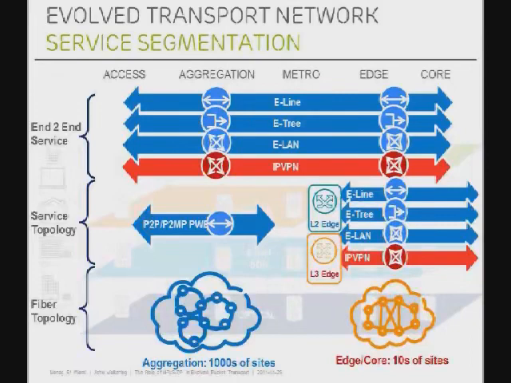From there you have a layer 2 point-to-point path using pseudo-wire technology all the way to the access. So the IP VPN capabilities do not have to reach deeper into the aggregation all the way to the access.